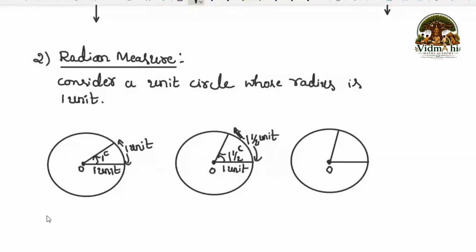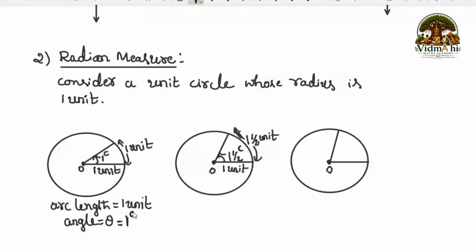So for the first diagram, the arc length is 1 unit and the angle, which we consider as theta, is 1 radian.